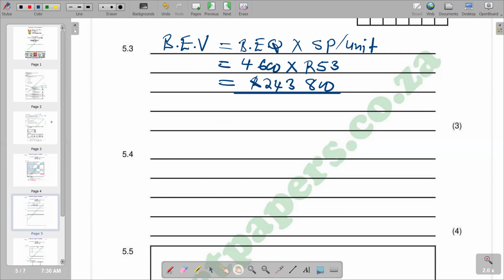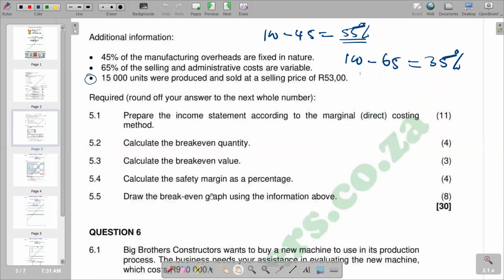So moving on to the next part, we now have calculate the safety margin as a percentage. Safety margin on its own is the sales value minus the break-even value. Then as a percentage is now over the sales figure.